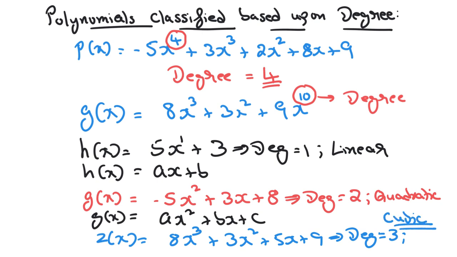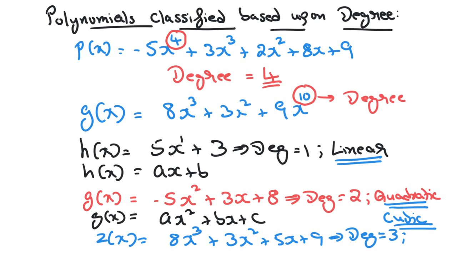Now, do you understand how to classify polynomials based upon their degrees? If the degree is 1, it's a linear polynomial. If the degree of the polynomial is 2, it's a quadratic polynomial. If the degree of the polynomial is 3, it's called a cubic polynomial.